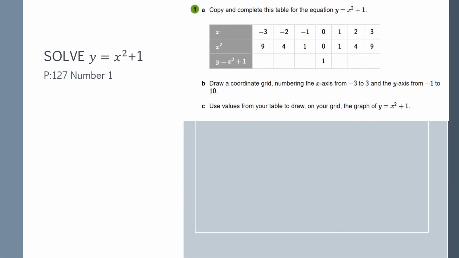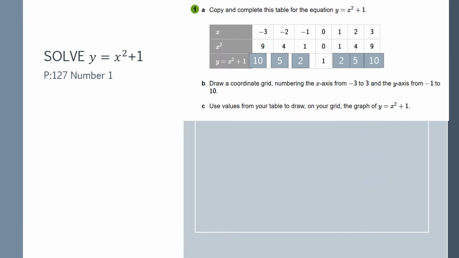In number 1 in the book, he asked you to graph y equals x squared plus 1. We have the table of values. They found the value of x squared first. We found it before. And then when you get the x squared, you just add 1 to it. So you will get 10, 5, 2, 1, 2, 5, and 10.